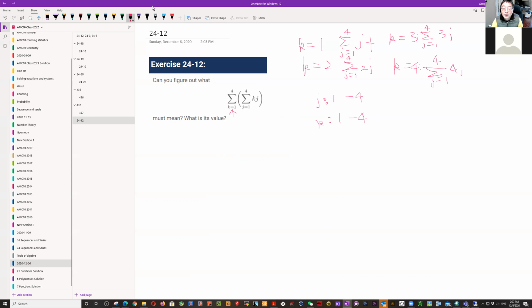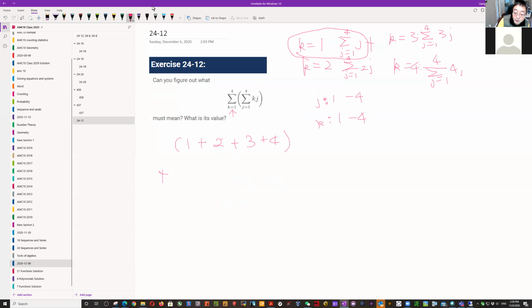And right now I can expand it. For this portion, if you expand it, it's going to be 1 plus 2 plus 3 plus 4. For k equal to 2, the term is 2j.